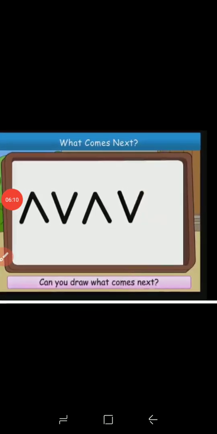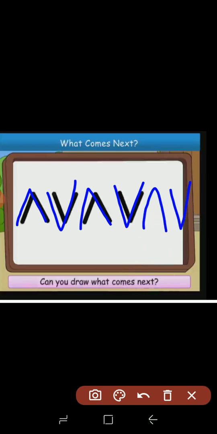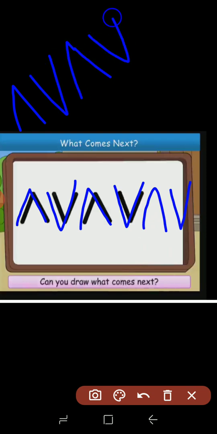Understood? Now look at this picture again. There are some arrows given: upward, downward, upward, downward. Then again the angles are upward, downward. Okay, upward, downward, upward and downward. In this way you can easily complete the patterns here.